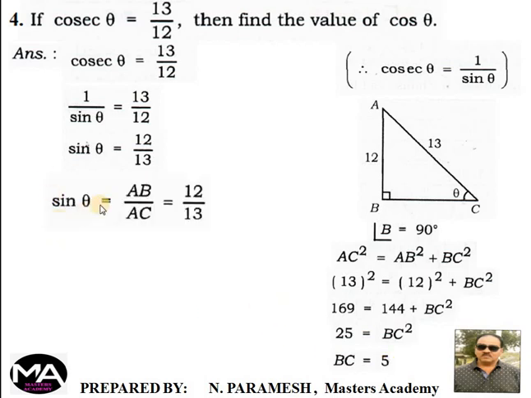Next, sin theta is equal to opposite side AB by hypotenuse AC, that is equal to 12 by 13. Cos theta is equal to adjacent side BC by hypotenuse AC, that is equal to 5 divided by 13.